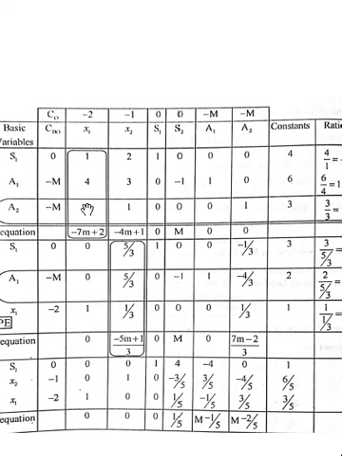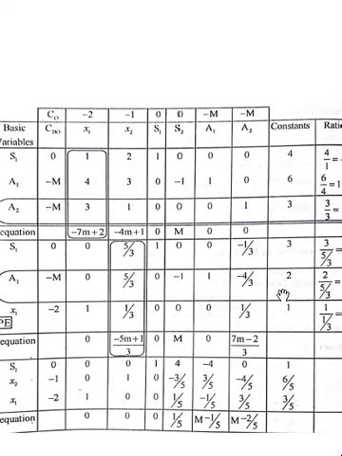In the next table, this is our next table. What we are going to do is first replace our A2 by this x1, because of the key element position. So A2 will now be replaced by x1, and it will have its value as minus 2. That value is going to be written here.